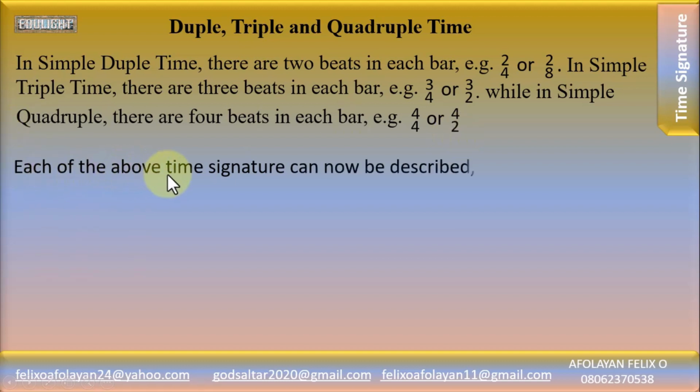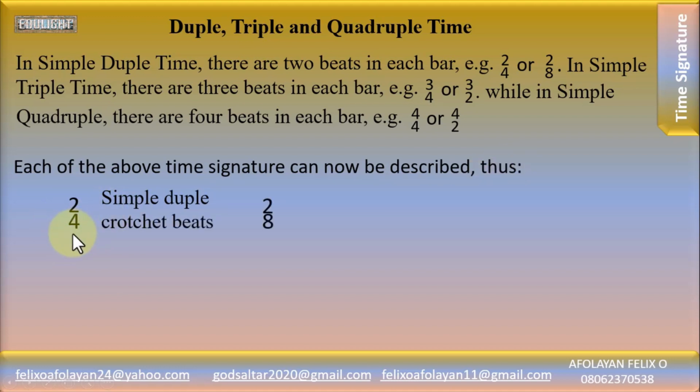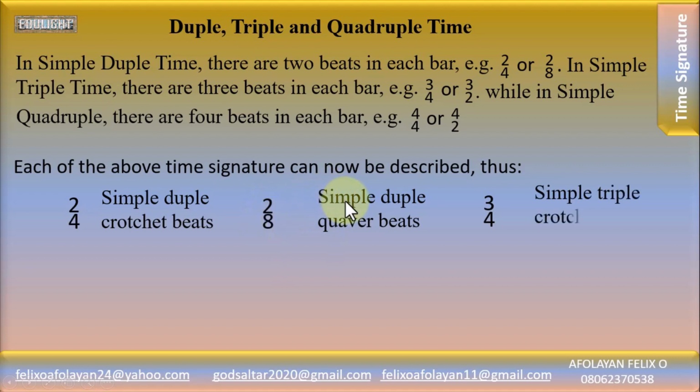Each of the above time signatures can now be described like this. 2 crotchet beats in a bar is simple duple. This is 2 crotchet beats in a bar, simple, because the upper figure is 2.